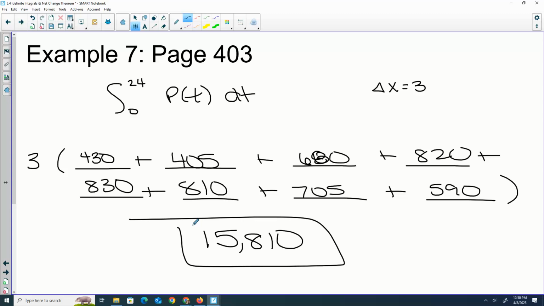Yeah, so we were pretty close in our approximation. So really the thing there is just understanding that if we're looking for the amount, that's the antiderivative, and on a graph, that's talking about area under the curve.